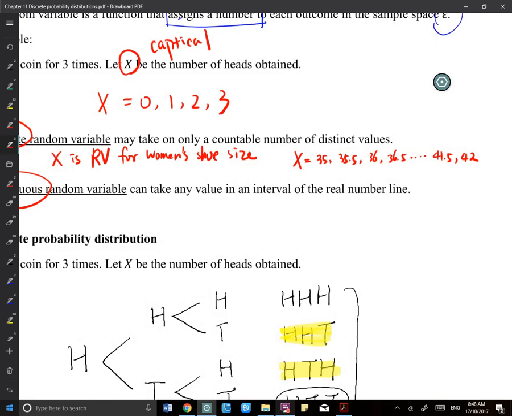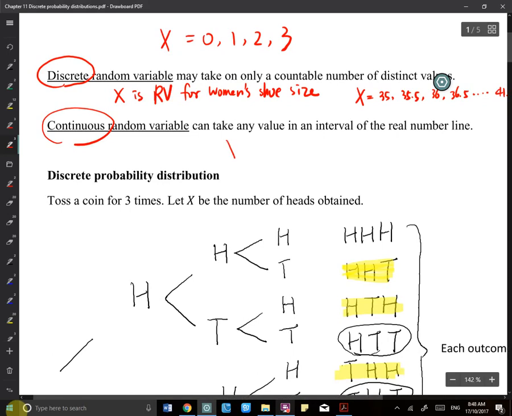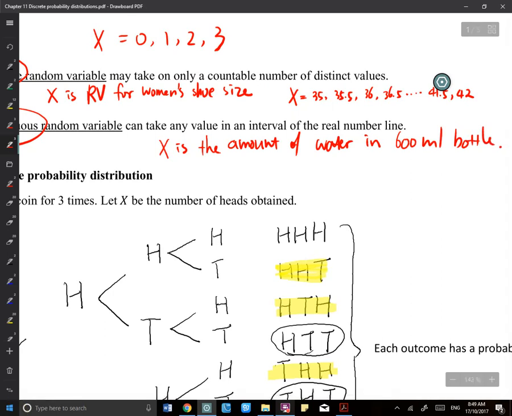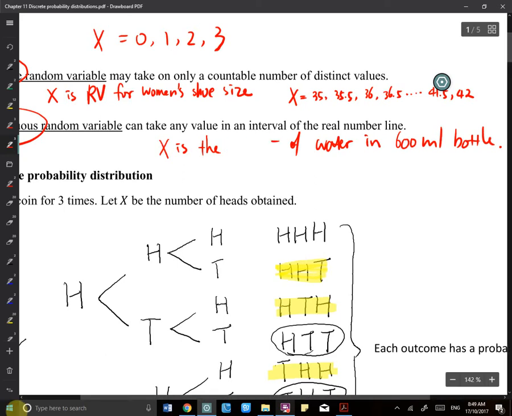The other one is called the continuous random variable. So what is a continuous random variable? For example, x is the amount of water, or the volume of water, in a 600 ml bottle.